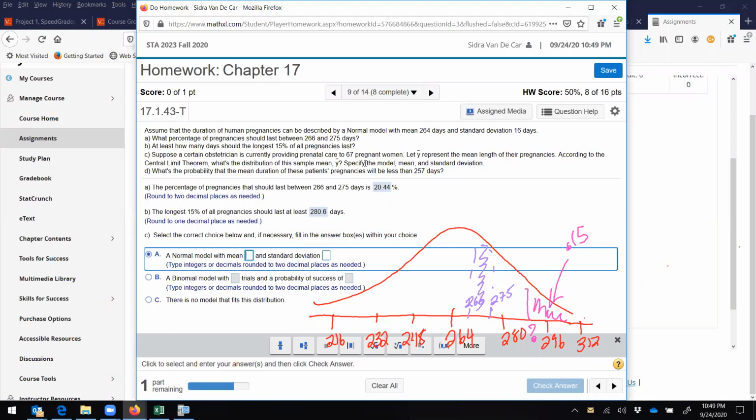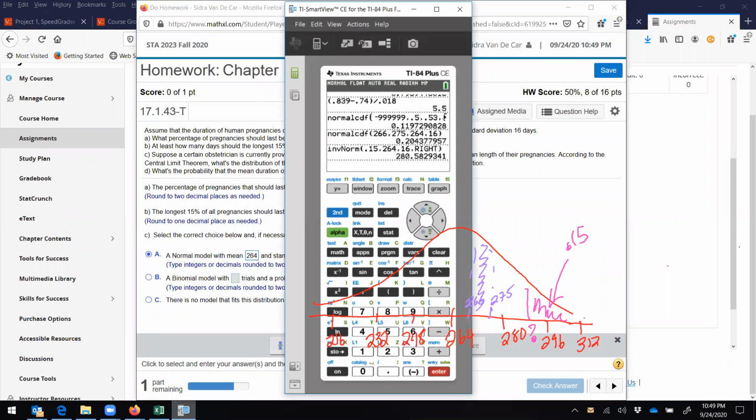What's the distribution of this sample mean? So it would be a normal model with a mean at this 264 days and a standard deviation of 16 divided by the square root of 67. So let's figure that out. 16 divided by square root of 67, I think, was 1.95.